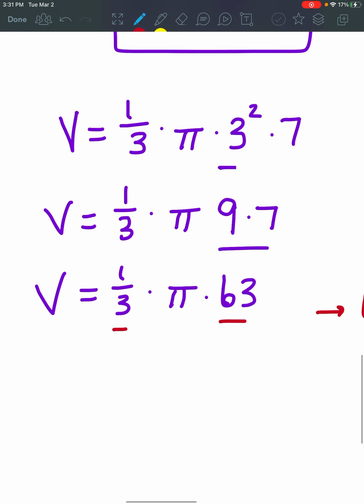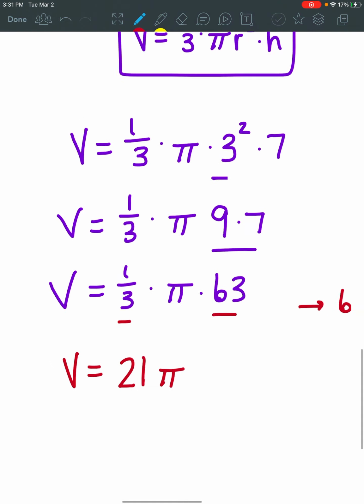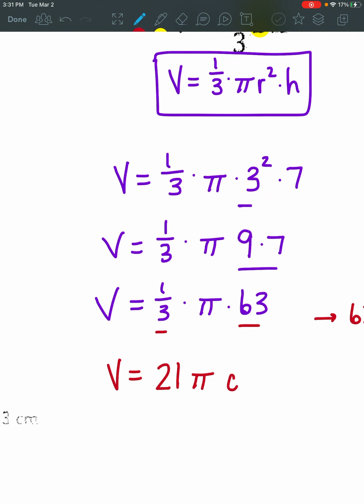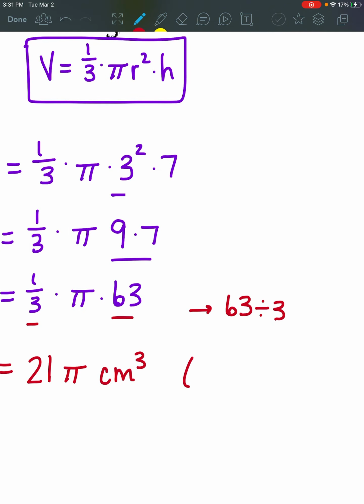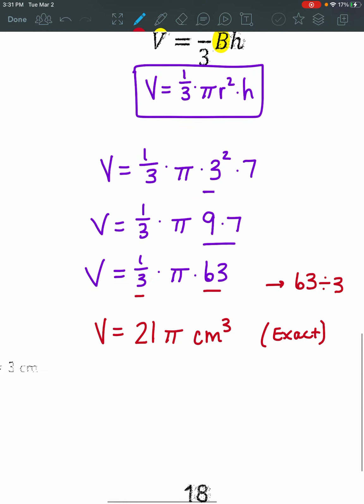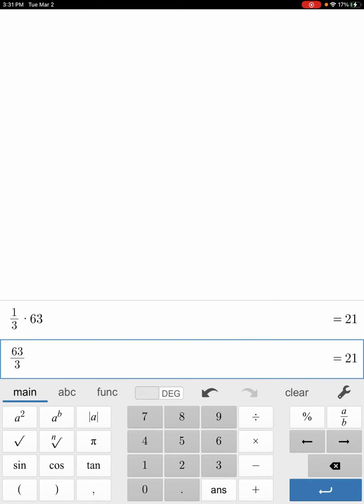I have done nothing with that pi, so this is our exact answer in terms of pi: 21 times pi. Our label for volume is centimeters cubed. So this is our exact answer. And then lastly, we can take 21 and multiply it by pi, and we get 65.97.